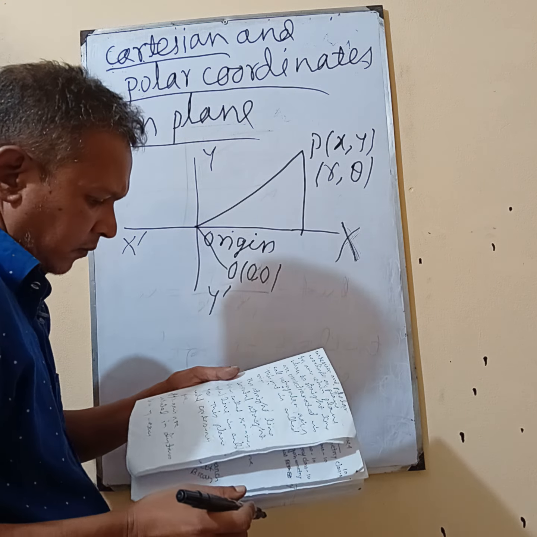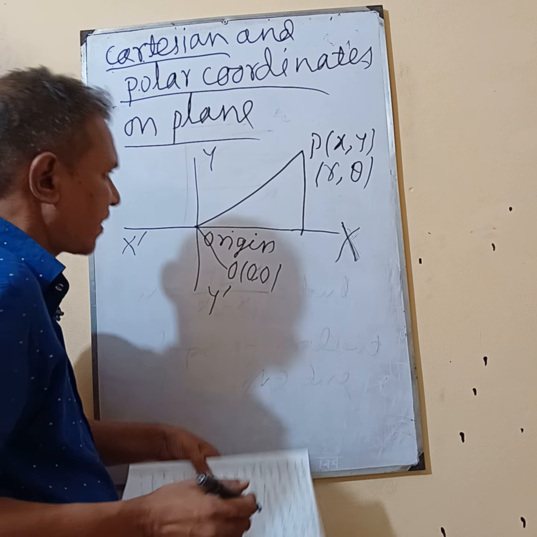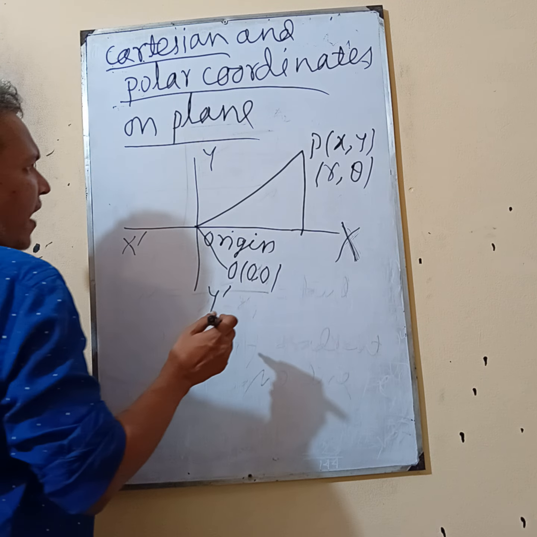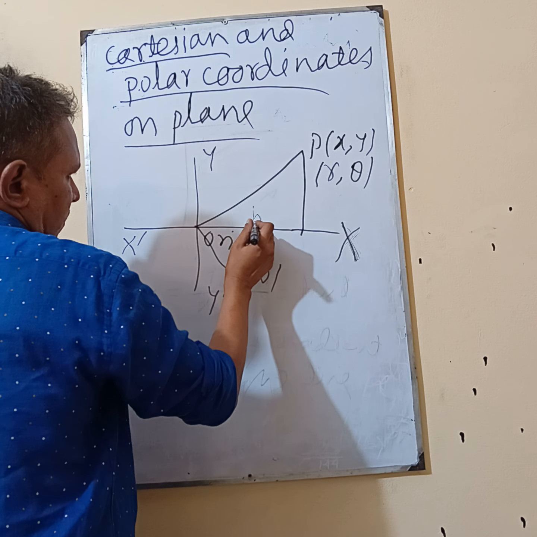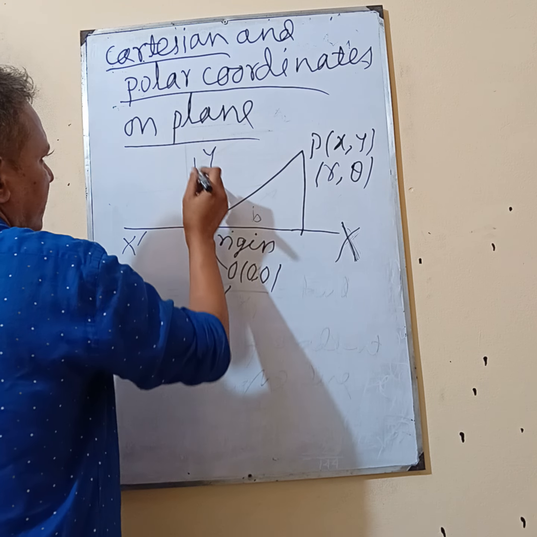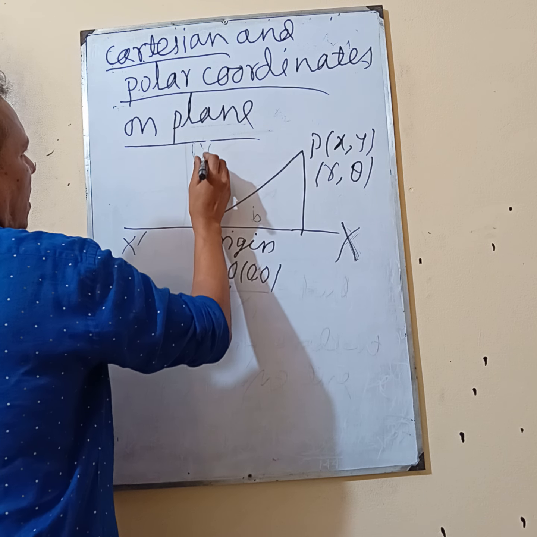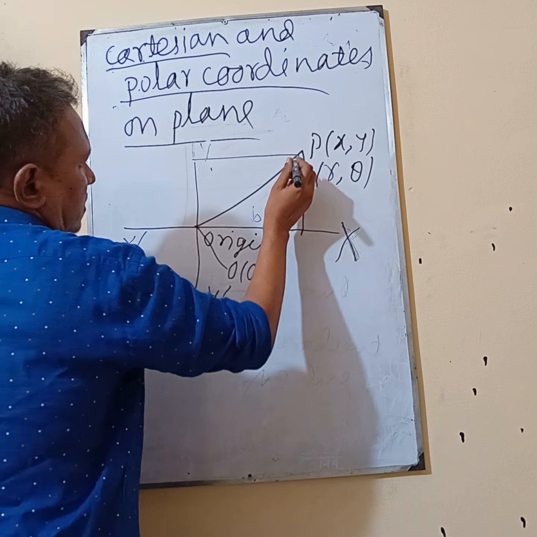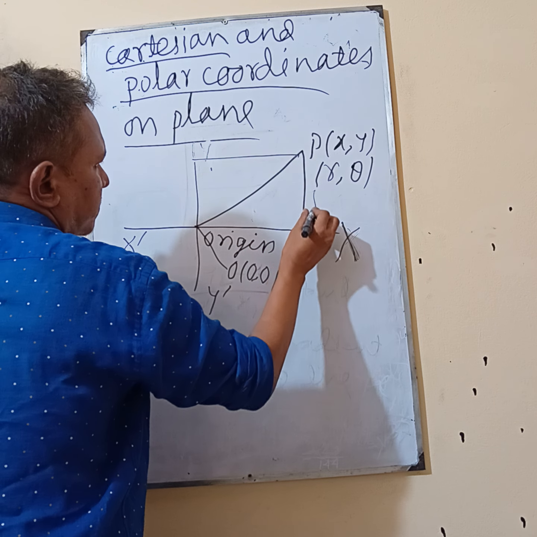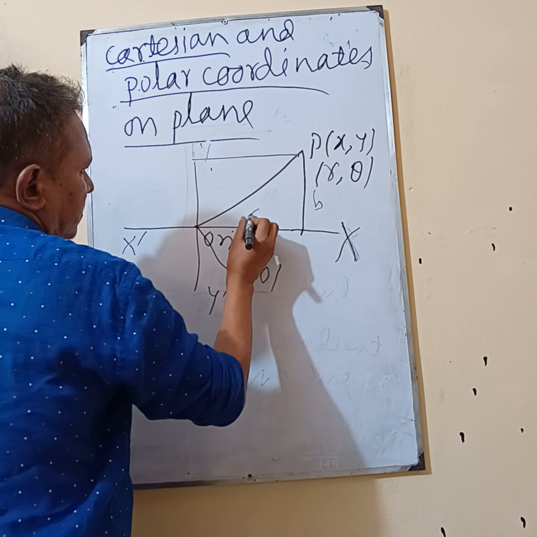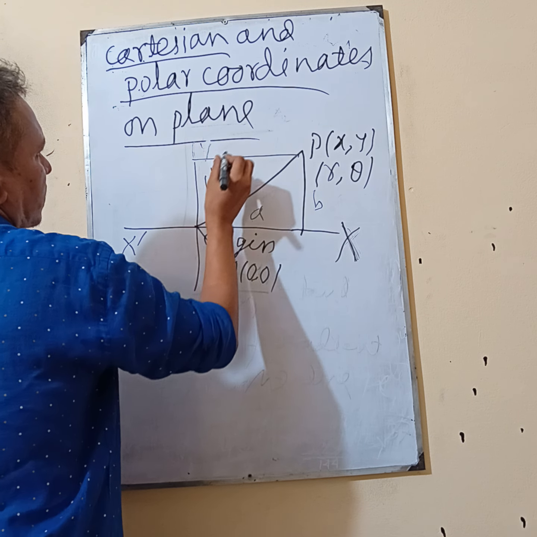Now, suppose the point is at distance b from the x-axis and distance a from the y-axis.